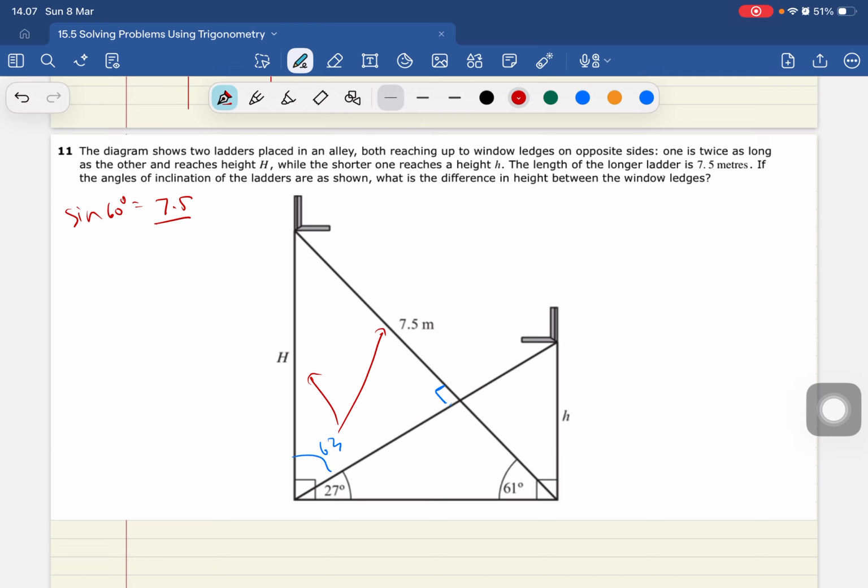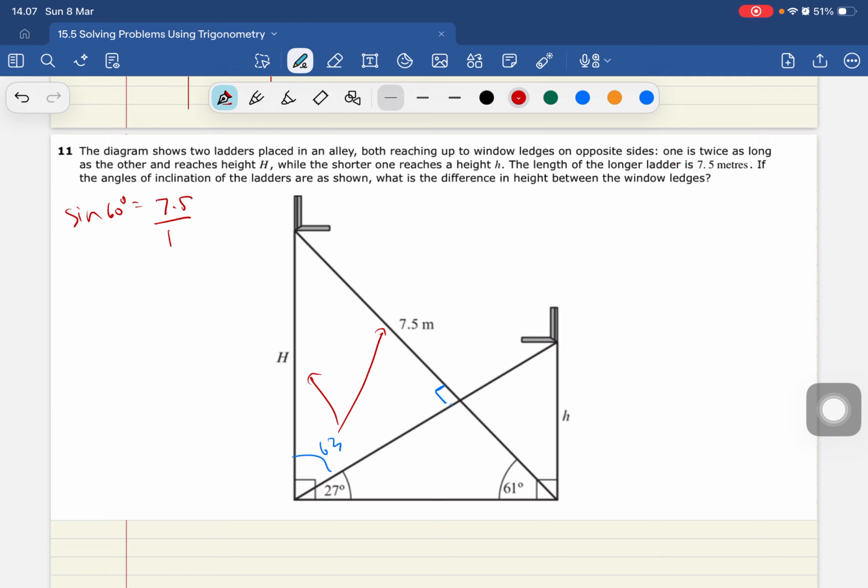wait, the length of the longer ladder is 7.5. One is twice the other and reaches the height, while the shorter one reaches.